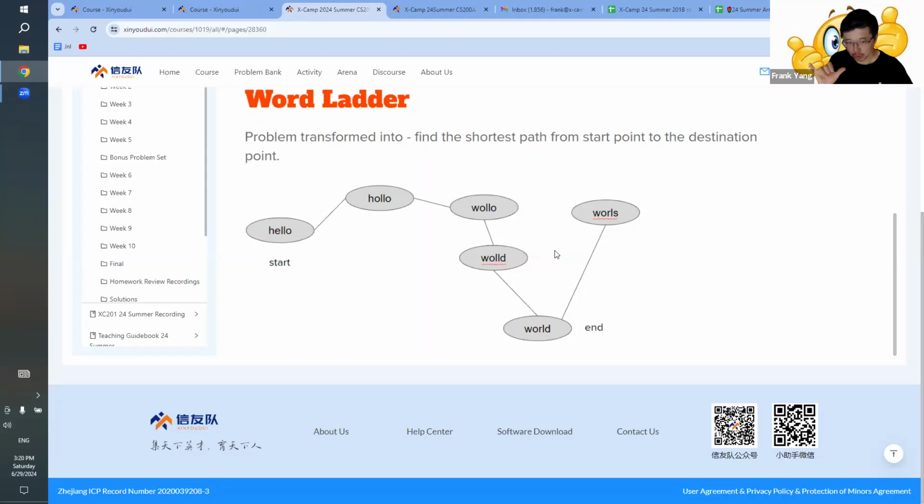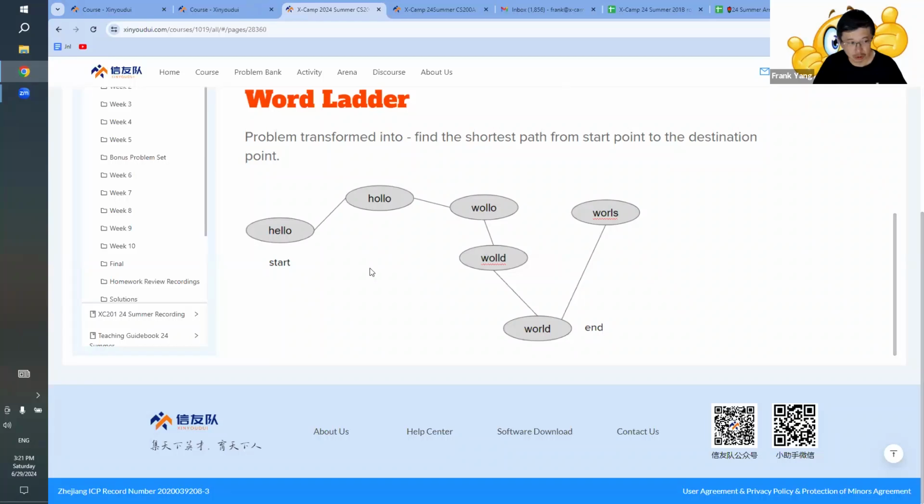Then, given 2 words, we're asking how many changes you have to make in order to switch one word to a different word, right? So for example, in this example, we have 1, 2, 3, 4, 5, 6 words in this dictionary.